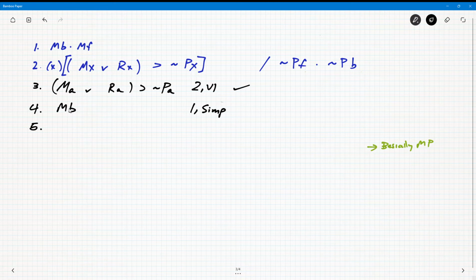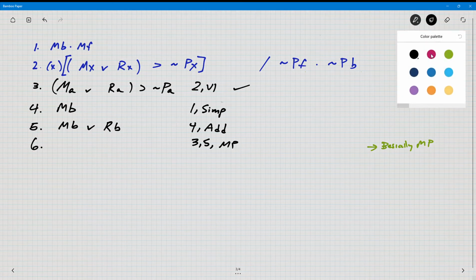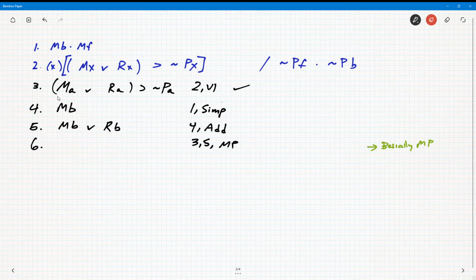And by the time we get to use it, notice that we have a problem. Our antecedent is MA or RA, but what we actually have at line 5 is MB or RB.